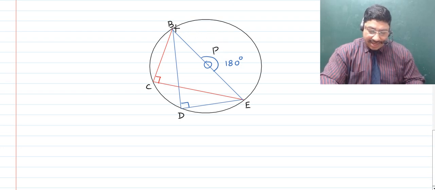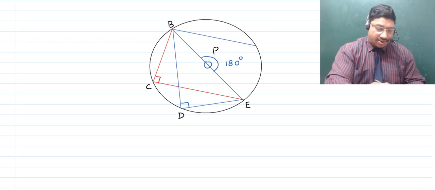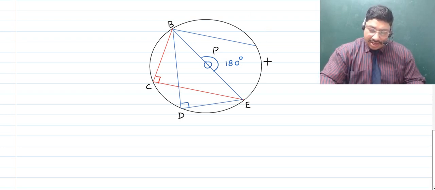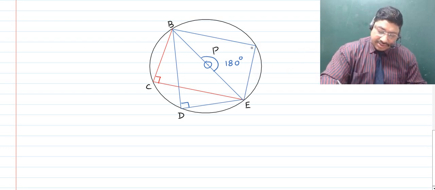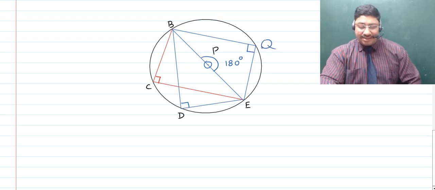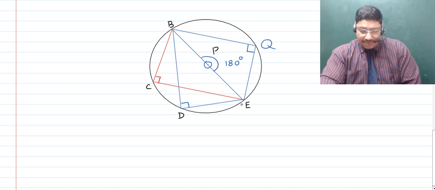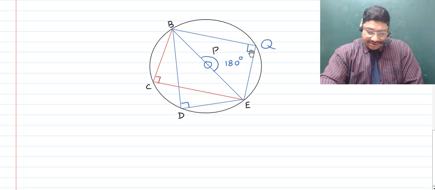So let's try and make one such more. Let's say we draw this to be one of the chords, and then we draw another chord like this. Let's say this point is point Q. Then this angle BQE is an angle which is getting formed in the semicircle, and as such it will be 90 degrees.